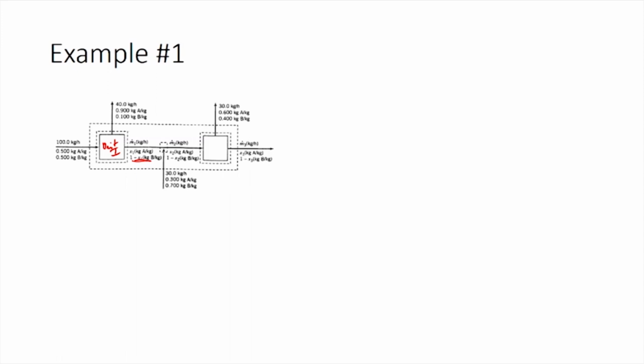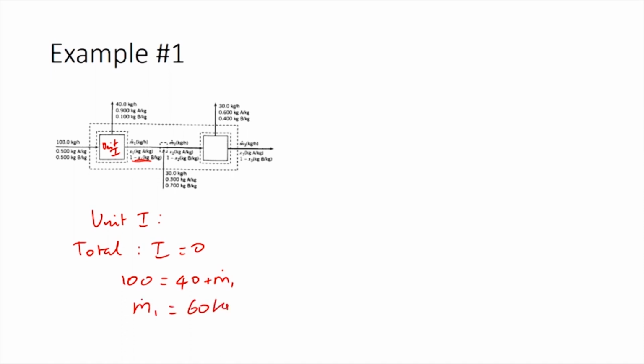So, let us first start with unit 1. With unit 1, we have a total balance equation which will come down to input equals output, which is 100 equals 40 plus M1 dot. So, this gives you M1 dot as 60 kilograms per hour.